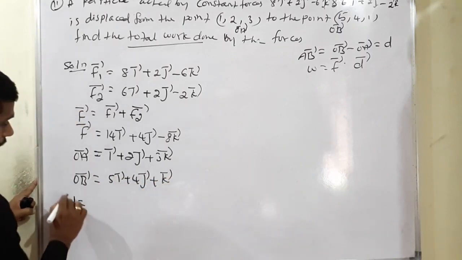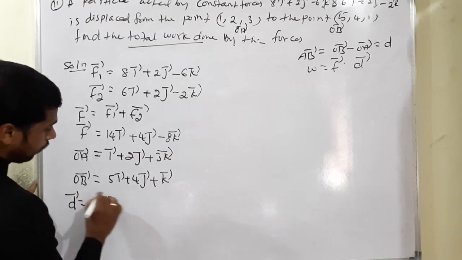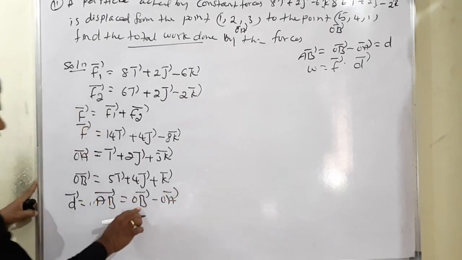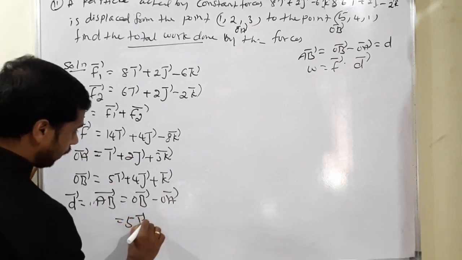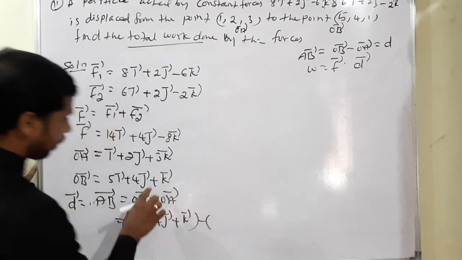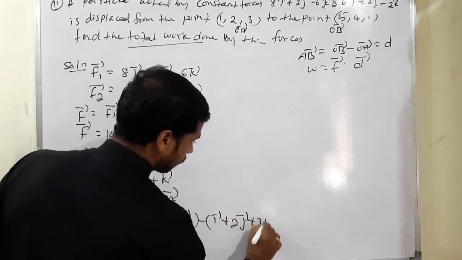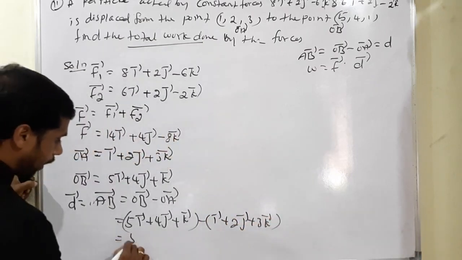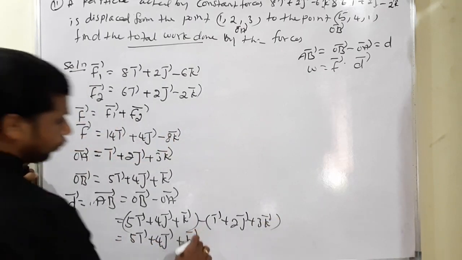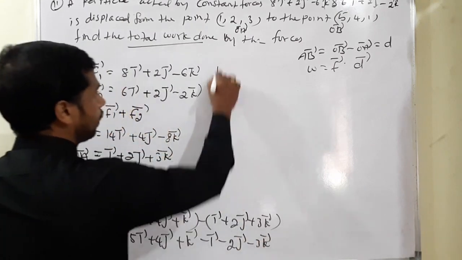So displacement D vector is equal to AB, which means OB vector minus OA vector. So 5i vector plus 4j vector plus k vector minus the bracket of i vector plus 2j vector plus 3k vector. Then removing the bracket: minus i vector minus 2j vector minus 3k vector.